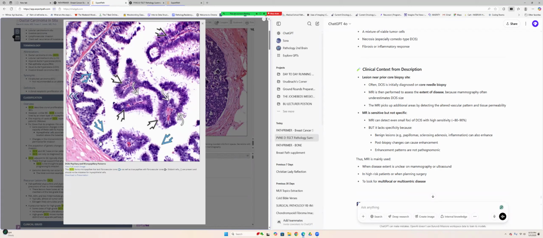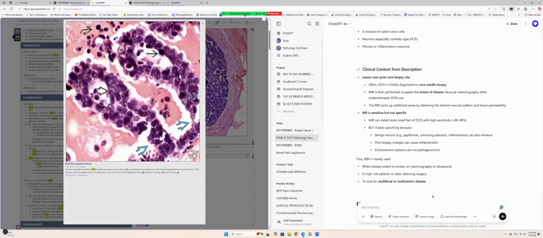It's not very clear, but do you see narrow bases here compared to the bulging tips? The tips bulge, the bases are narrow. The intervening epithelium in between them is flat.